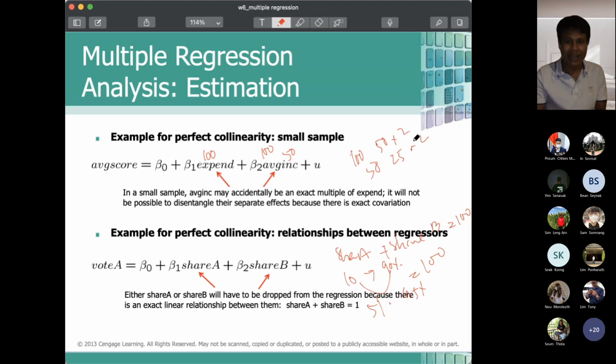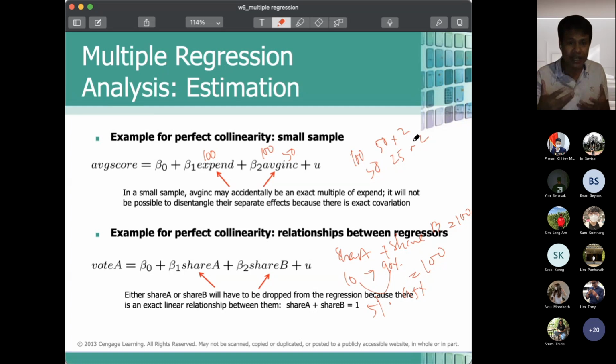All right. Another example is the perfect correlation between 2 variables like share A and share B, where the sum of share A and share B equals 100. What we say here is that if you know share A, you can compute share B. But if your model includes both share A and share B, they are perfectly correlated, right?